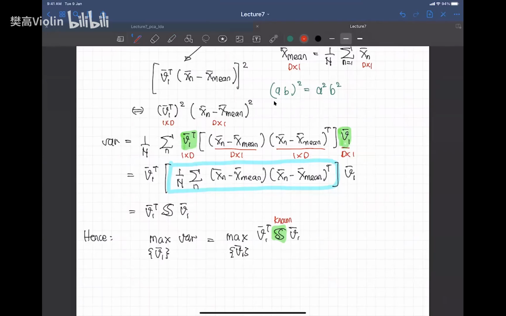Remember that this one is 1 by d, this one is d by d, this one is d by 1. This now becomes our most important equation. Any questions so far?